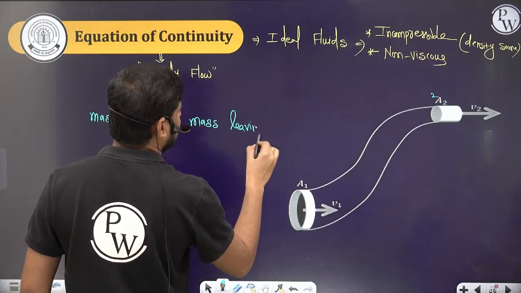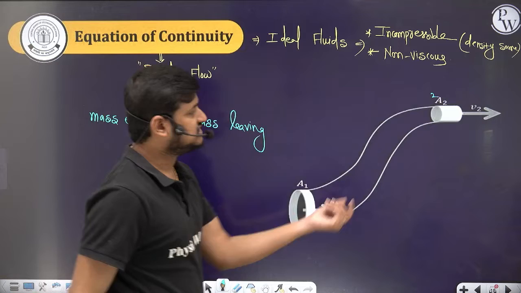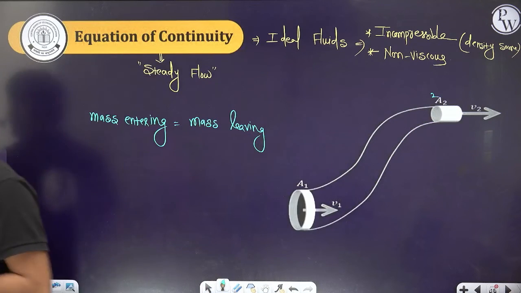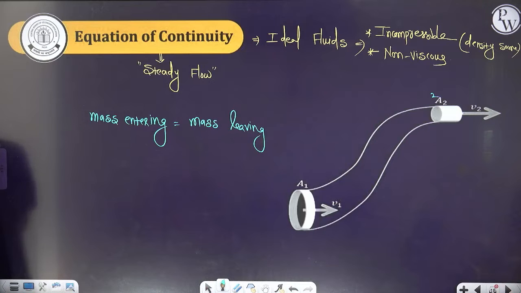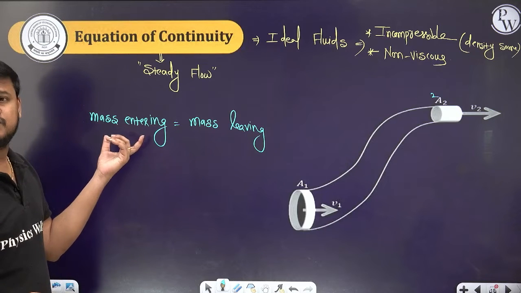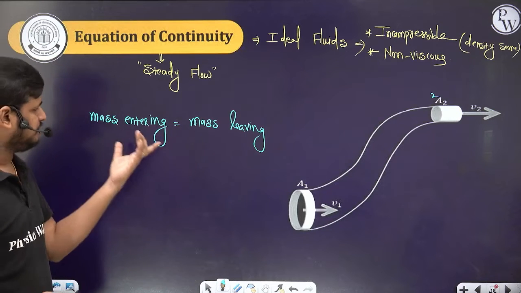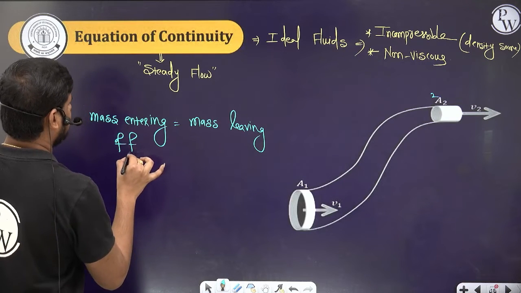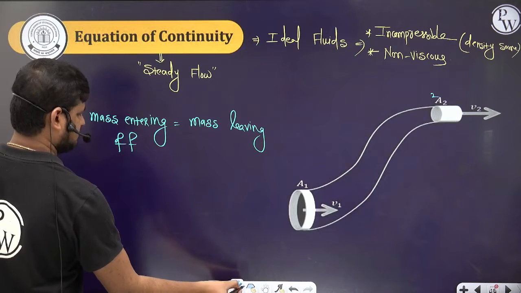Whatever mass is entering at this cross section, the same amount of mass is leaving at the other cross section too. Clear, guys? Now what is the mass formula we can write? Mass of fluid entering.